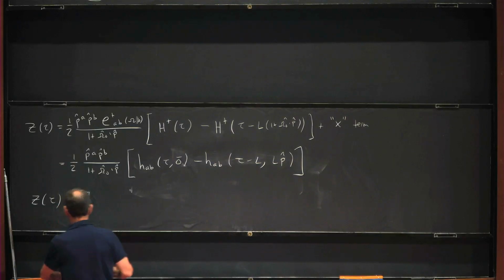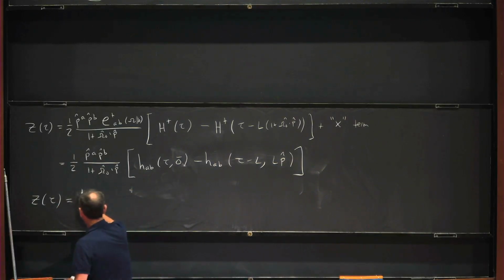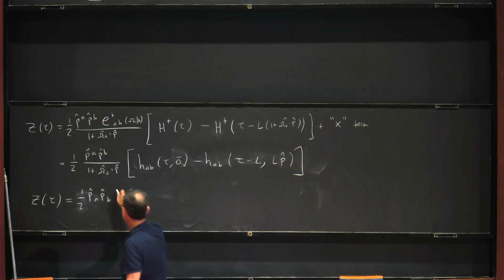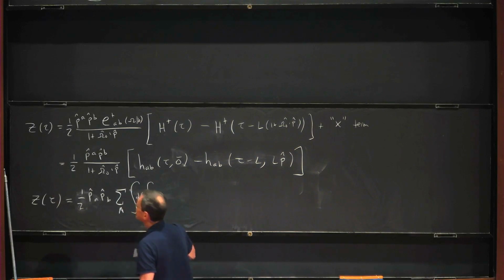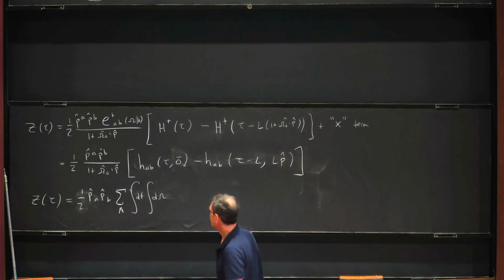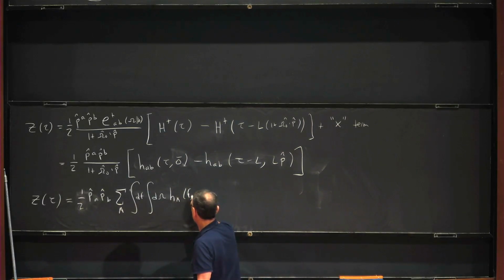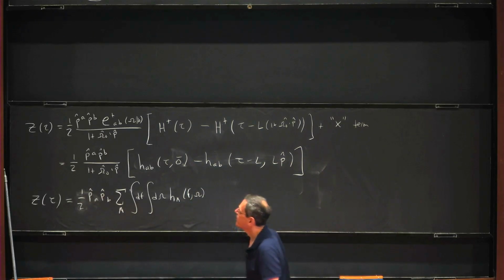So I'm going to get a 1/2 p hat A, p hat B. Then there's going to be the sum over polarizations. There's going to be an integral over frequency. There's going to be an integral over directions. There's still going to be an h_A of f and omega.